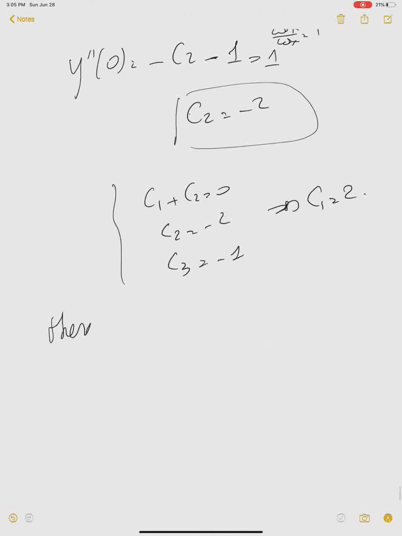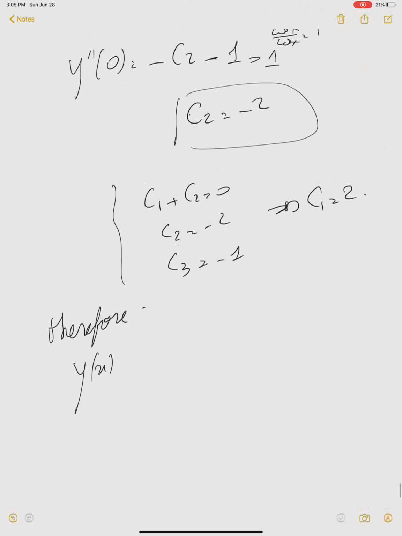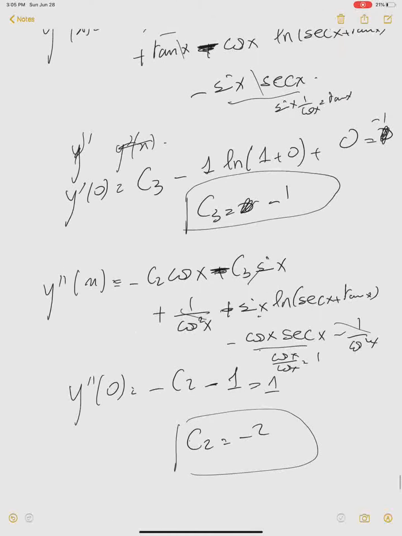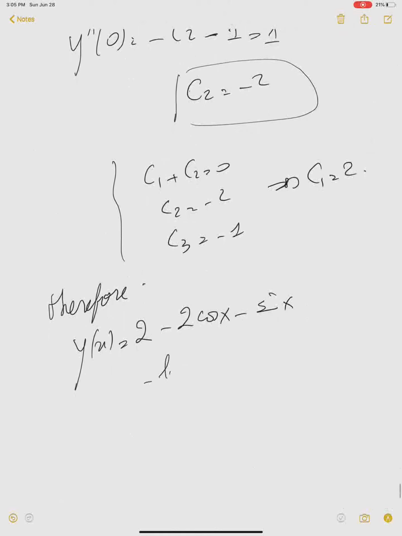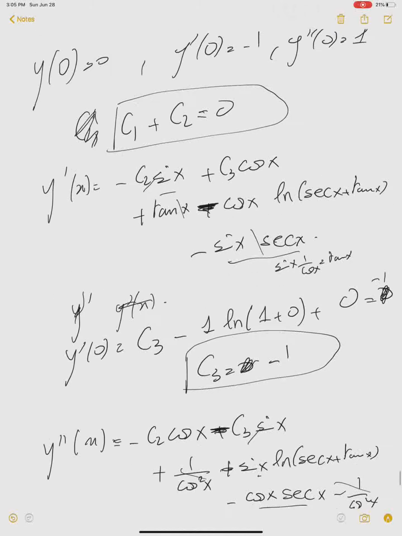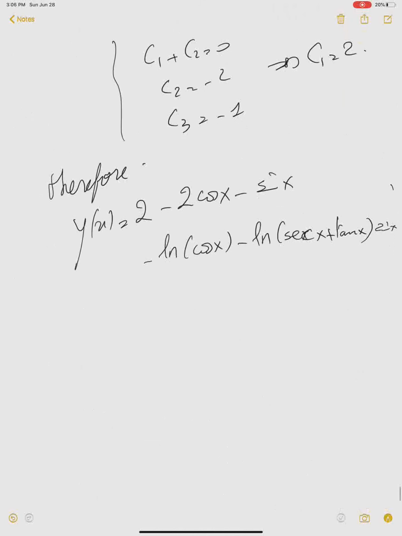And therefore, y of x is equal, now my big C1 is 2, so this is 2 plus C2, minus 2 cosine x minus sine x, minus log cosine x minus log secant x plus tangent x, into sine x. And this is my solution.